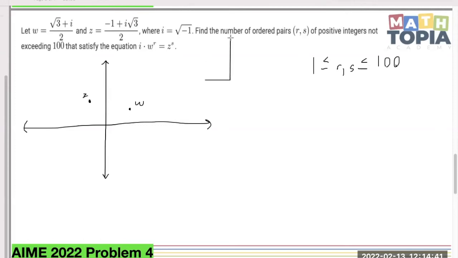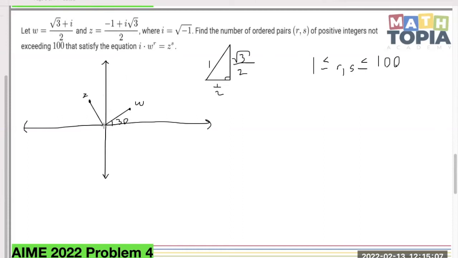So the thing is, we know a 30-60-90 triangle, right? Given that its hypotenuse is length 1, we know that this length here is 1/2, and this length here is the square root of 3 over 2. So essentially, since this is the square root of 3 over 2 and this is 1/2, we know that this W is the number that represents a 30-degree rotation.